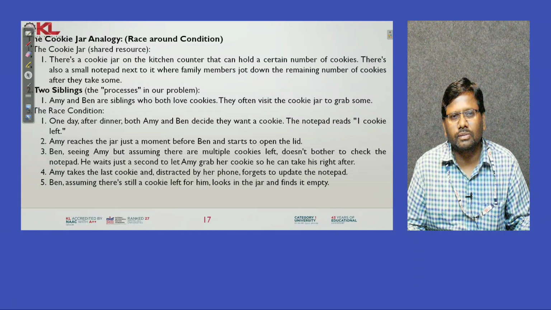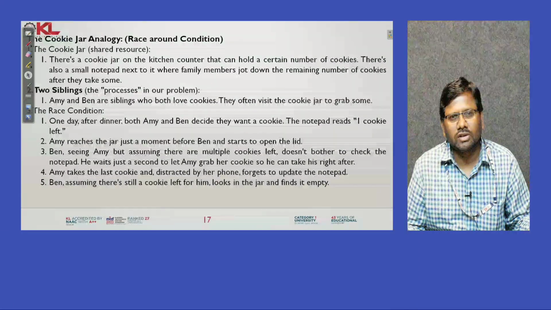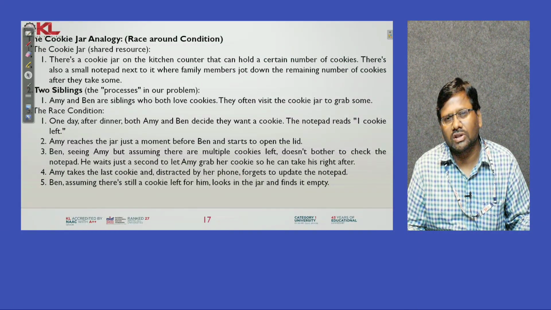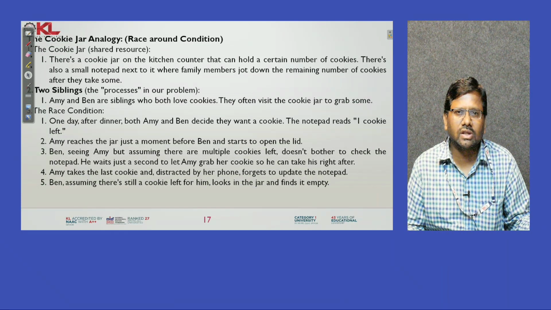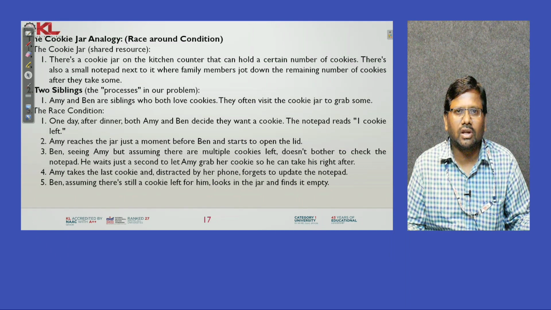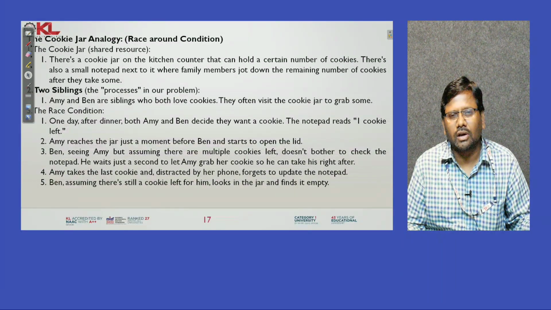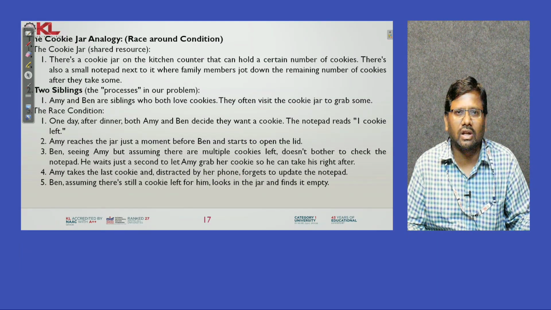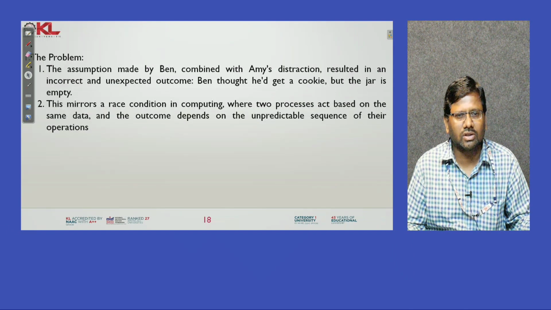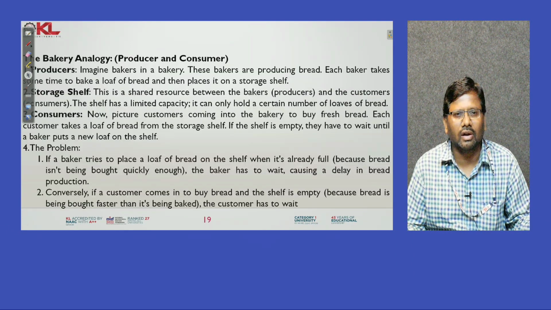If Amy takes the cookie and only one cookie is there, she should record that the jar is empty. Without writing that, if Amy leaves after taking the cookie, then Ben is going to wait thinking that there is still a cookie in the jar. So this is a kind of race around condition. Okay, so these are some of the real problems which could occur.